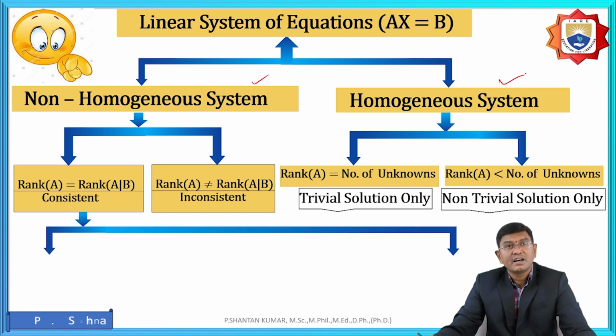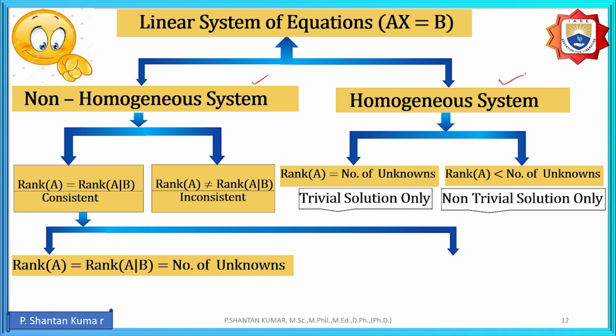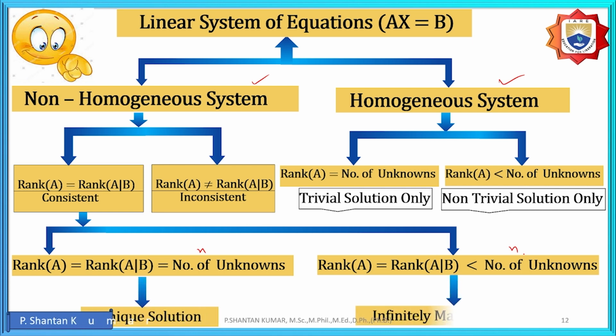Under the consistent, again two topics: one is a unique solution, where the rank equals the number of unknowns n, and otherwise it is less than n, which means infinitely many solutions.